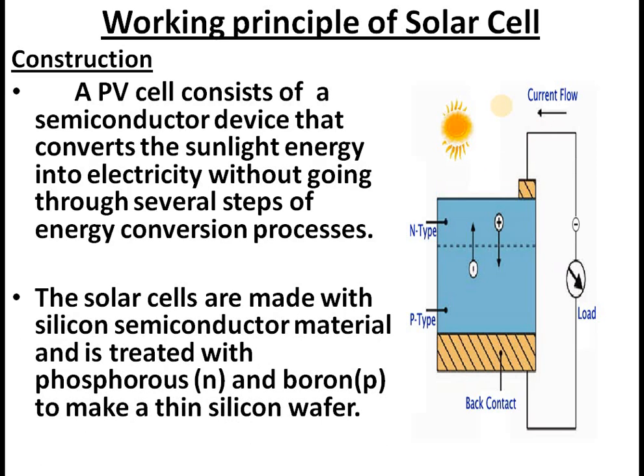For this, what is done is we take a crystal. One side is made N-type, which you can dope with a material called phosphorus, you may be knowing about it, and the other side is made P-type, where we dope, that is, mix with, say, boron. Boron is another element.